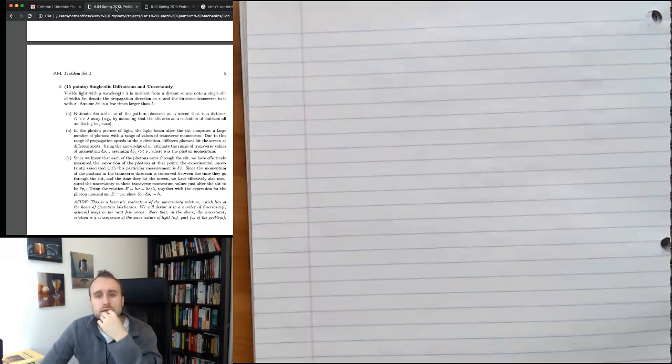C. Since we know that each of the photons went through the slit, we have effectively measured the x position of the photons at that point. Experimental uncertainty associated with this particular measurement is dx.